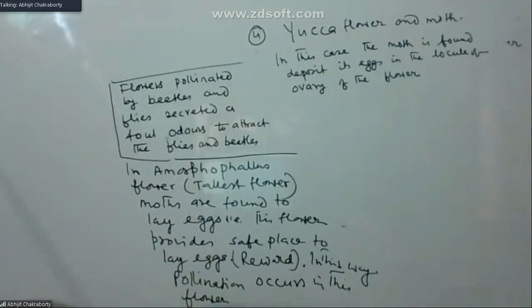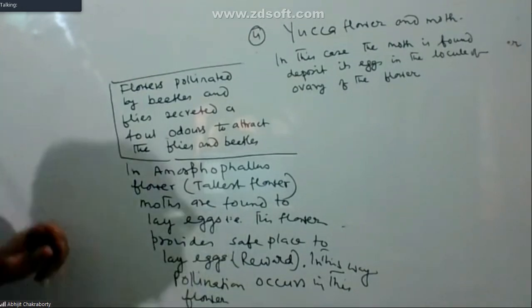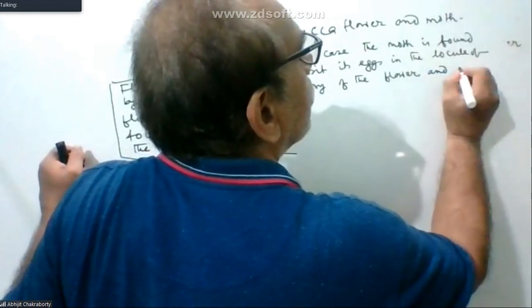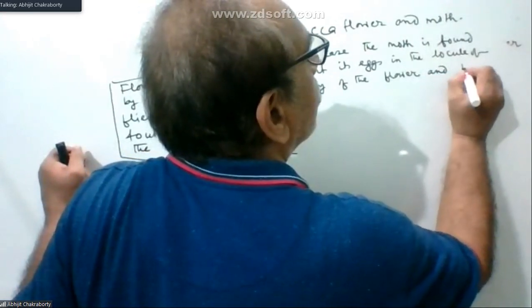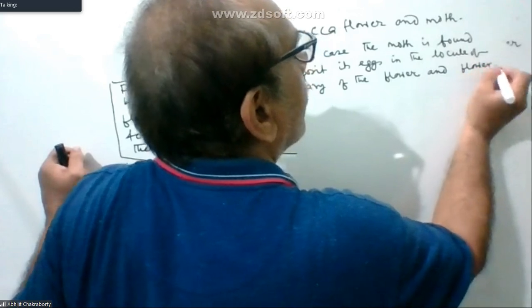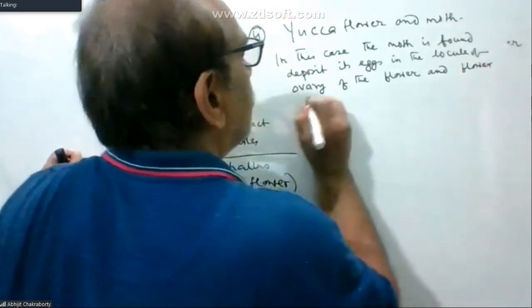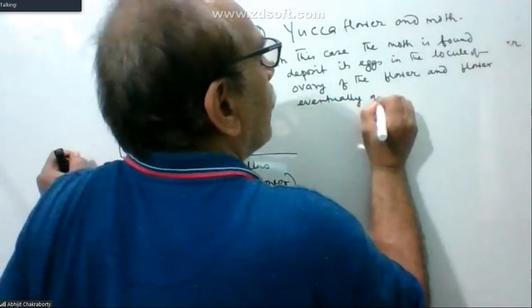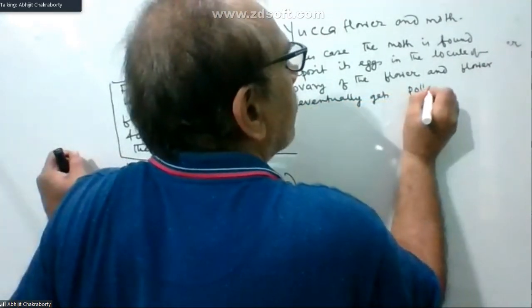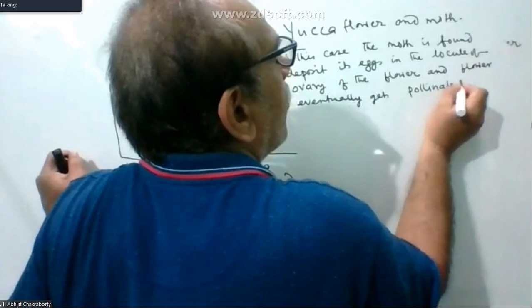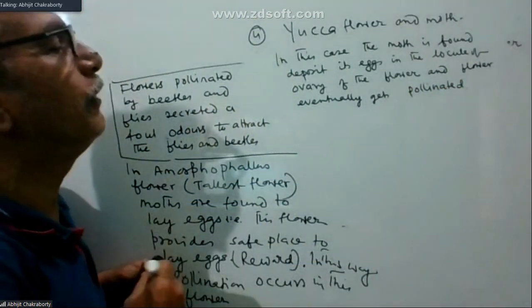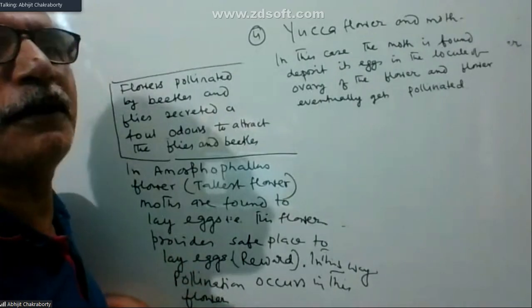Benefit, what is the benefit? And the flower eventually gets pollinated. So here the floral reward is to provide space for laying eggs.